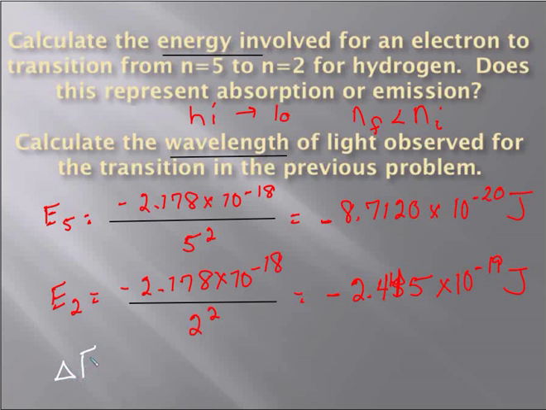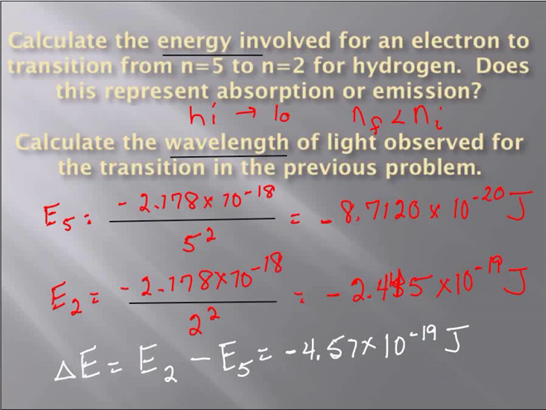Now, your difference in energy, a delta, is always, with one exception that we'll see when we get to thermodynamics, final minus initial. So we'll take 2 minus 5, and we get a minus 4.57 times 10 to the minus 19th joules.